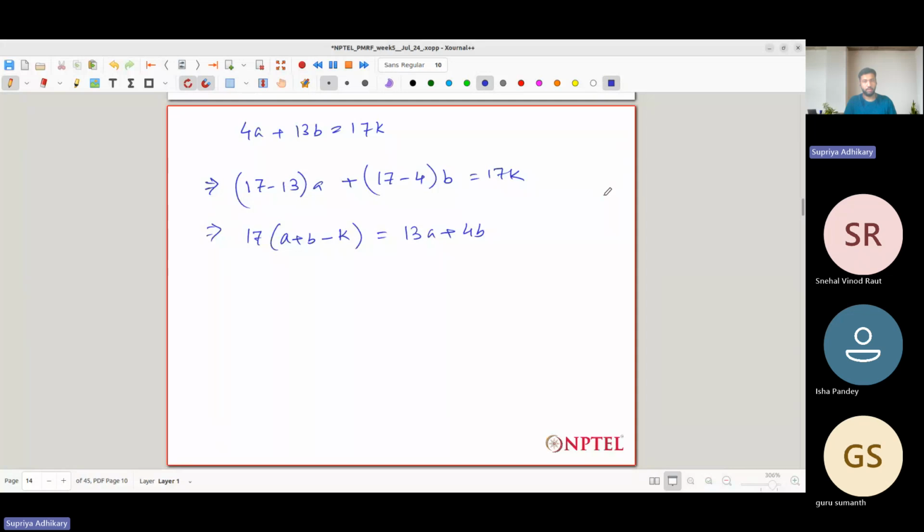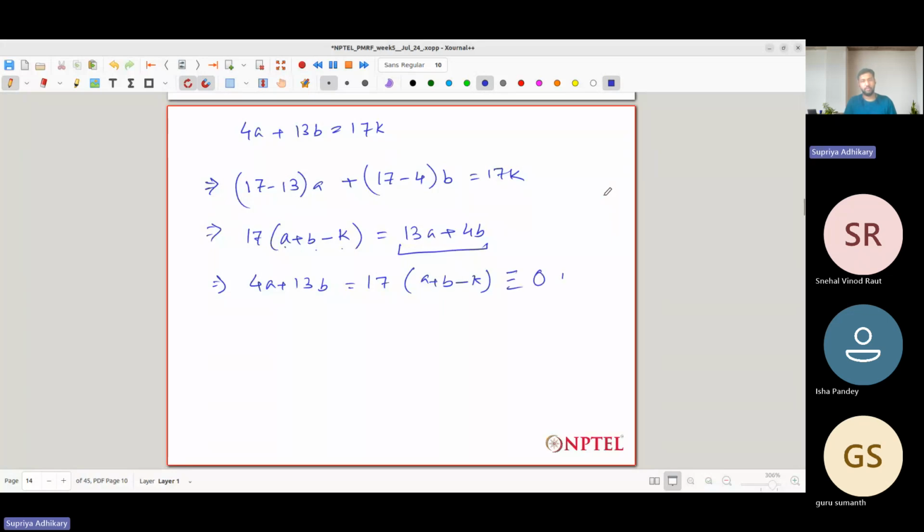If we simplify this, then we will get this equation. So that means we can say that this 13A plus 4B, or rather 4A plus 13B, is basically a multiple of 17, because A, B, K, all these are integers. So therefore this is nothing but a multiple of 17.